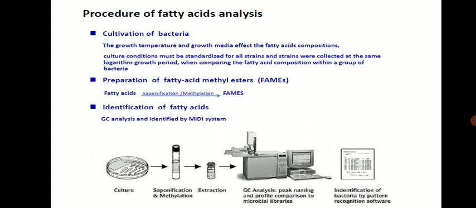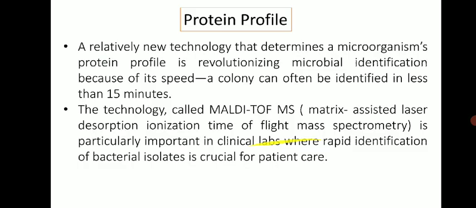The fatty acids are converted into FAMEs through the process of saponification or methylation, and the FAMEs are later analyzed by GC, and the chromatogram developed is compared with the database. So this is how we can identify microbial species or bacteria by using FAME analysis.